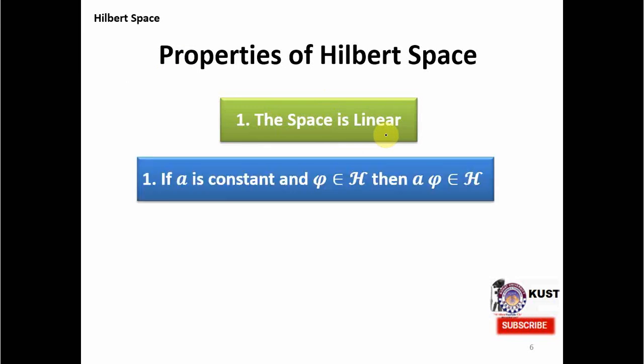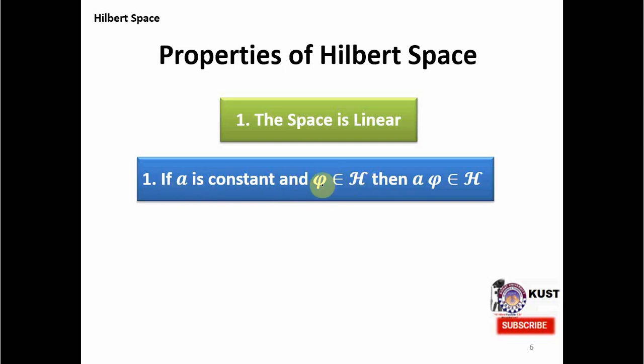The first condition is that if we have some constant a, and a function phi which is a member of Hilbert space, then if we multiply this constant a with this function phi, we will get another function, because a multiplied with phi changes the phi.